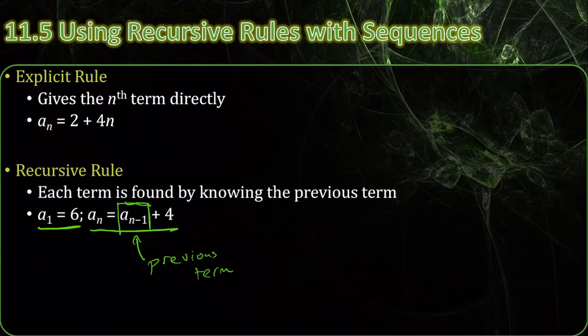Just take the one you had before, and in this case, we're adding 4. The question is, why would you want to do that? Quite possibly because sometimes the recursive rule is very much easier to make and find than the explicit rule.